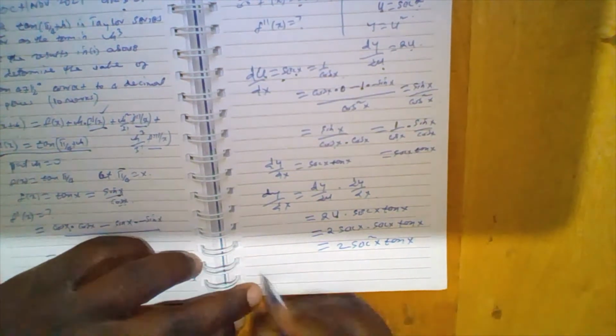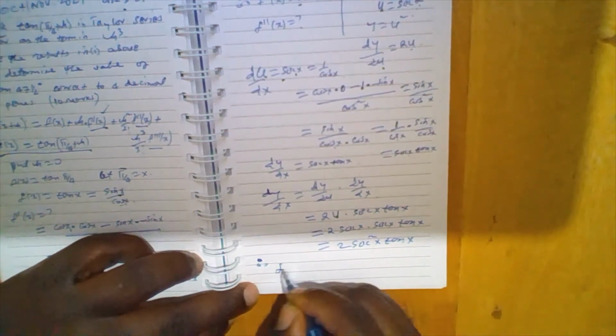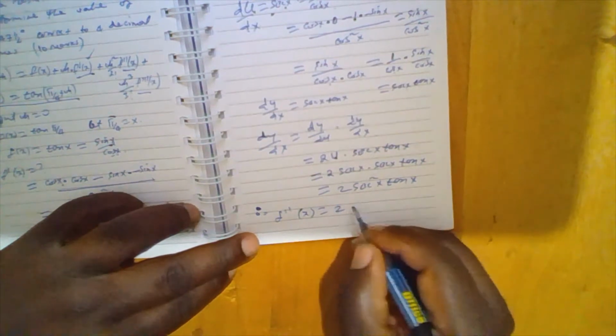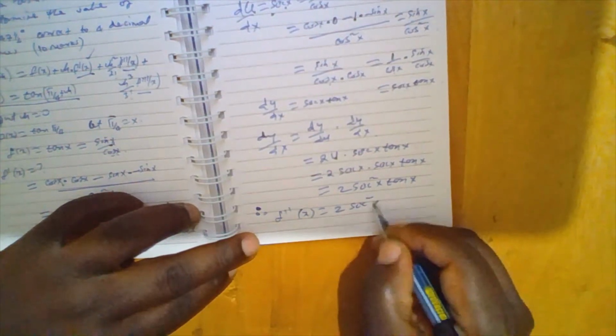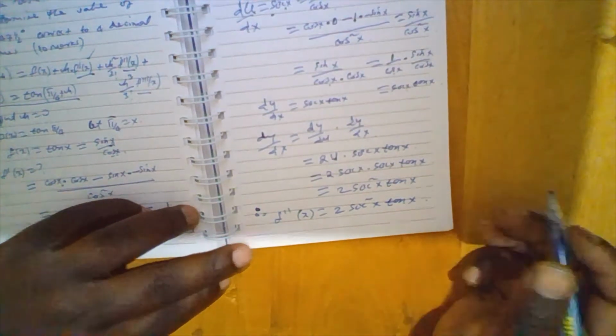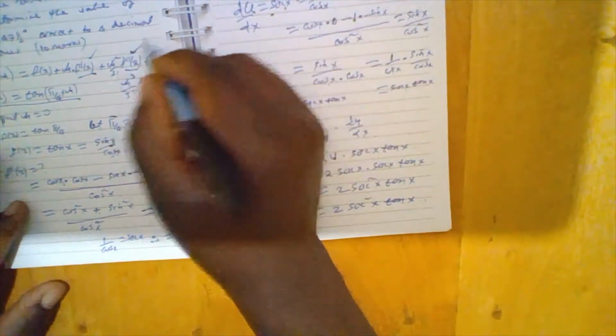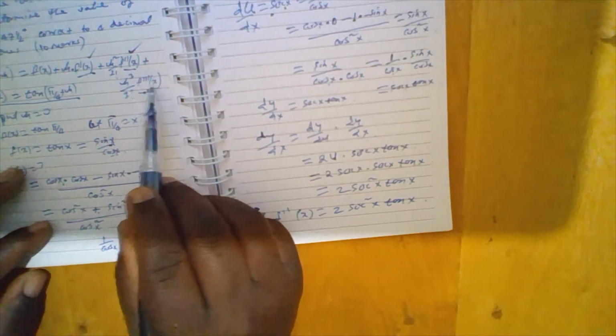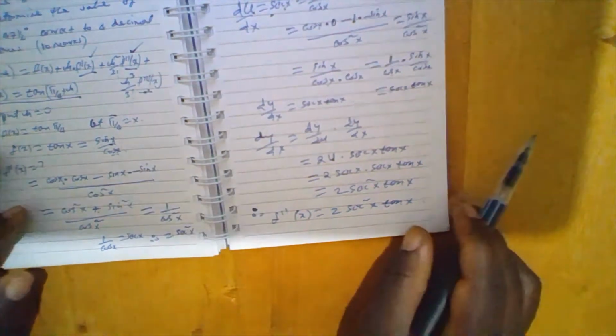Therefore our f double prime of x equals 2 sec squared x tan x. So we have gotten f double prime of x, and we are remaining with f triple prime of x.